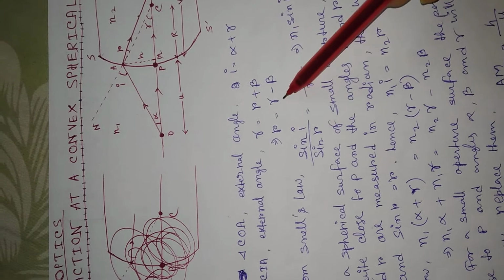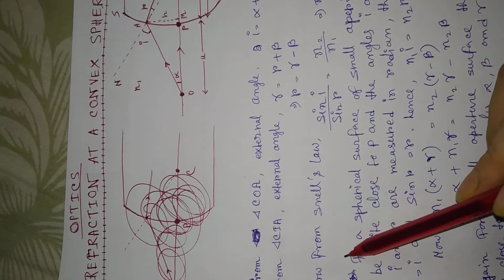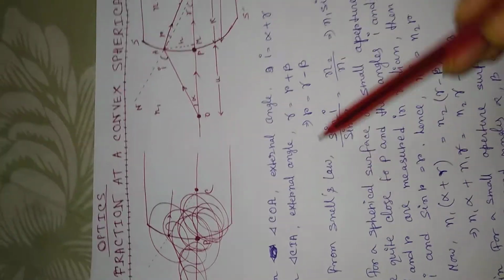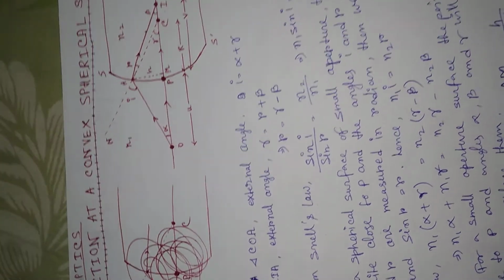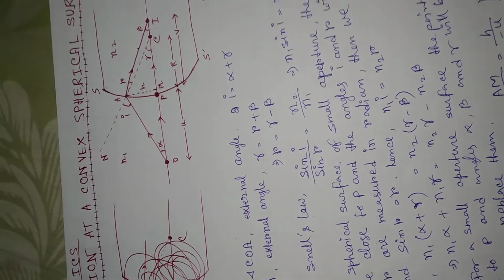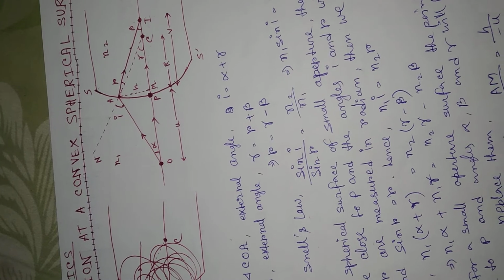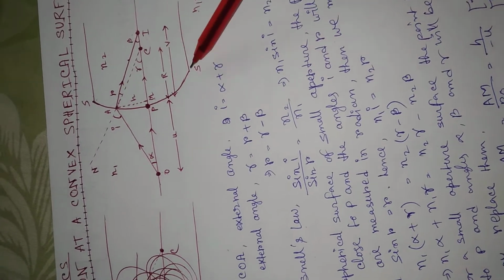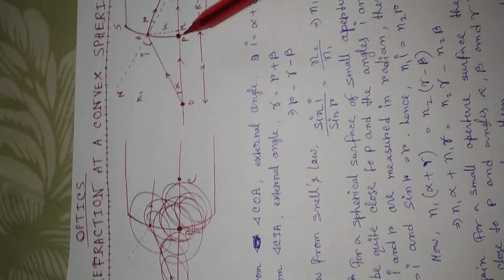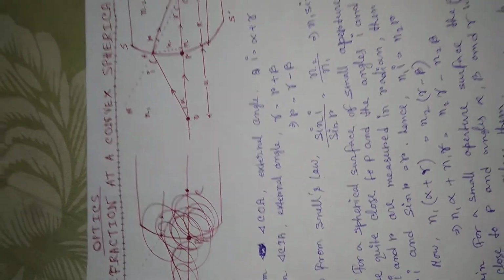So r equals what? Gamma minus beta. Now we apply Snell's law, because this is refraction, right? The light is refracted at this boundary, and the light travels from a rarer medium to a denser medium.